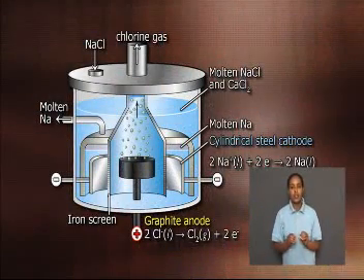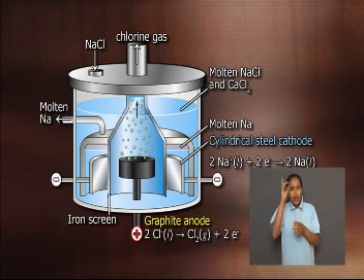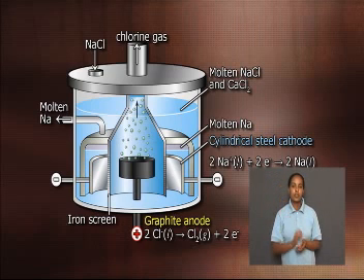Students, this is what a Downs cell looks like. Calcium chloride is added to lower the melting point of sodium chloride from 800 degrees Celsius to 600 degrees Celsius.